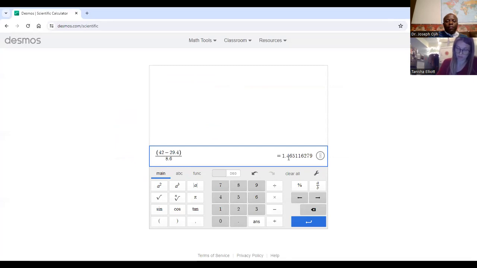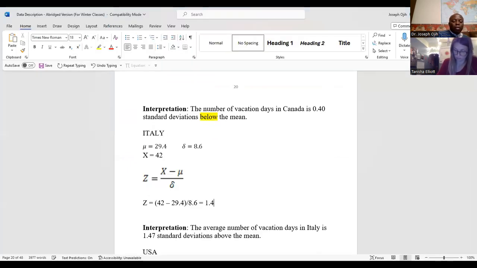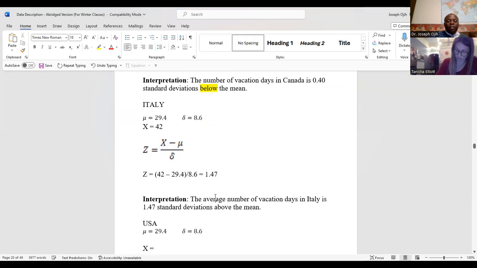It gave me 1.47, and it is not negative. 1.47. That means it's above average, which means that the number of vacation days in Italy is 1.47 standard deviation above the mean.